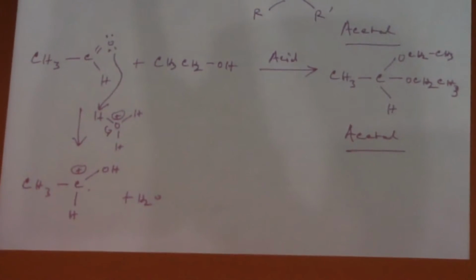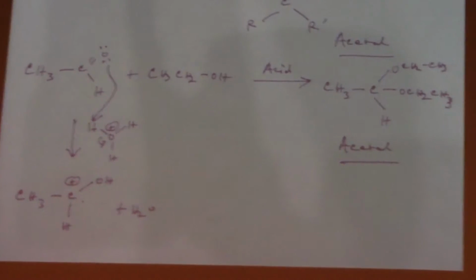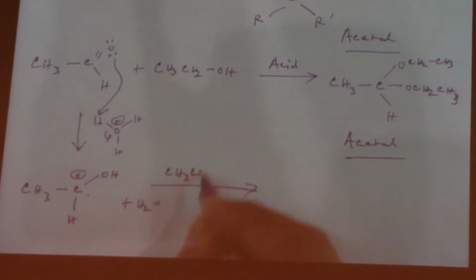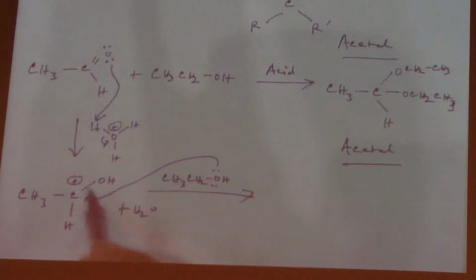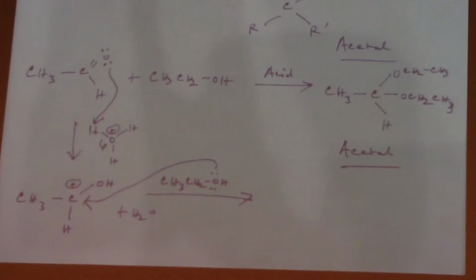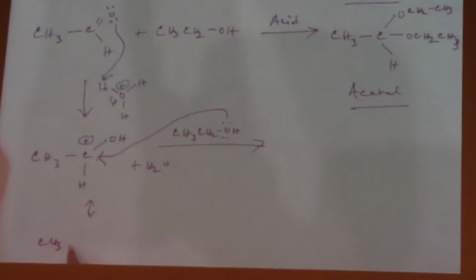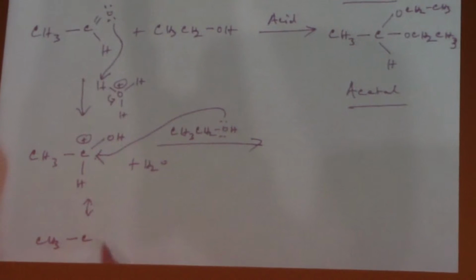So this is what is formed in the first step. And this can react with the ethanol that we provided as the solvent. And of course, this can be written in two resonance forms. One is this, the other one would be where the positive charge would be on the oxygen.